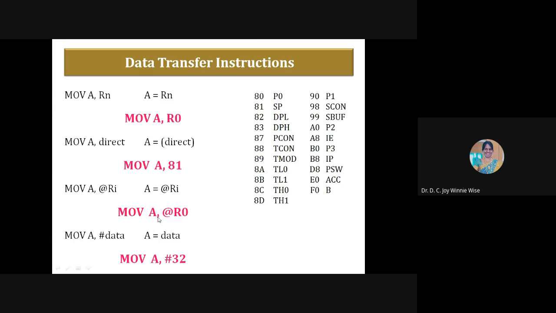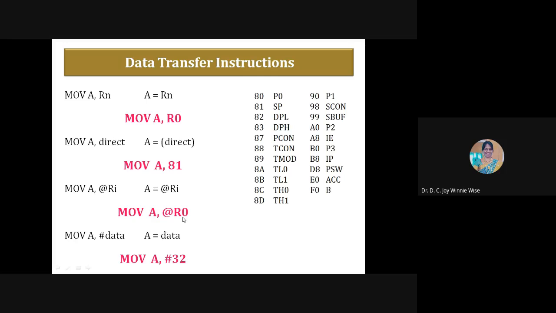The next example is MOV A, @Ri. So MOV A, @R0. The content of that memory location must be transferred to the accumulator. This is indirect addressing.